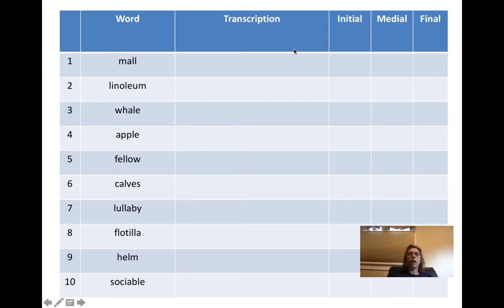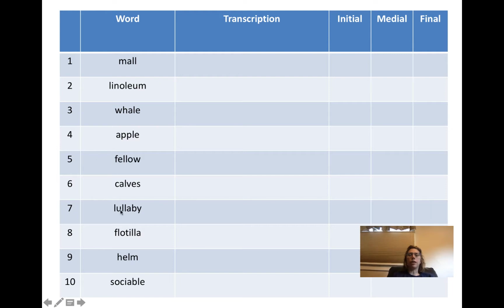All right, and so in terms of the L, we'll talk about word final L's, or more syllable final L's, in a second, but there are lots of L's. Mall, linoleum, whale, apple, fellow, calves. It's not said calves, with the L really there. Lullaby, flotilla, helm, sociable.